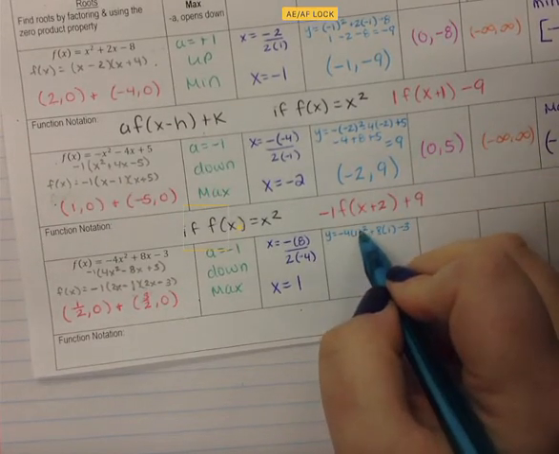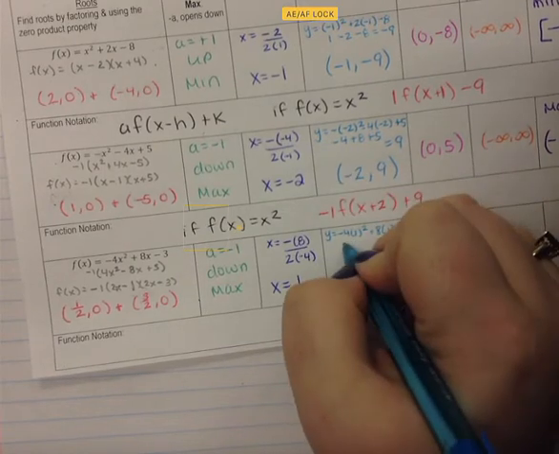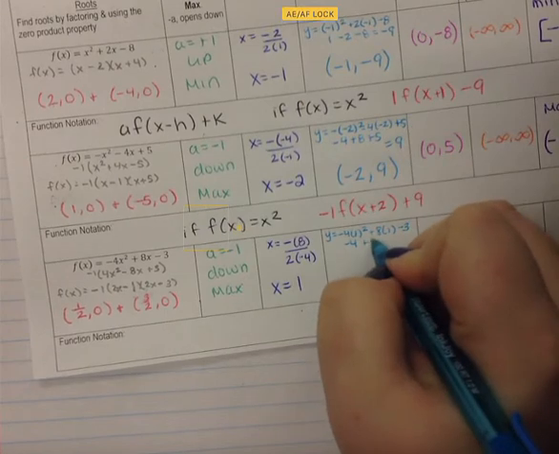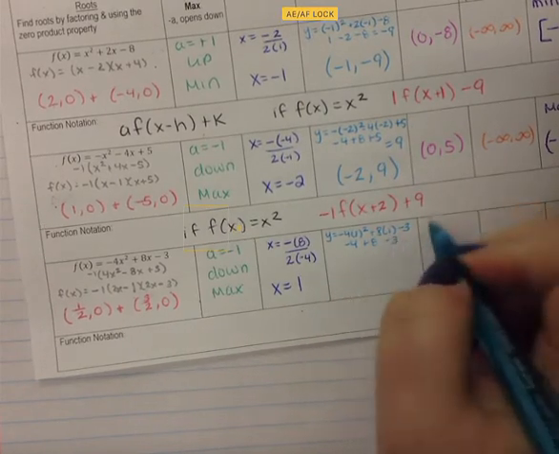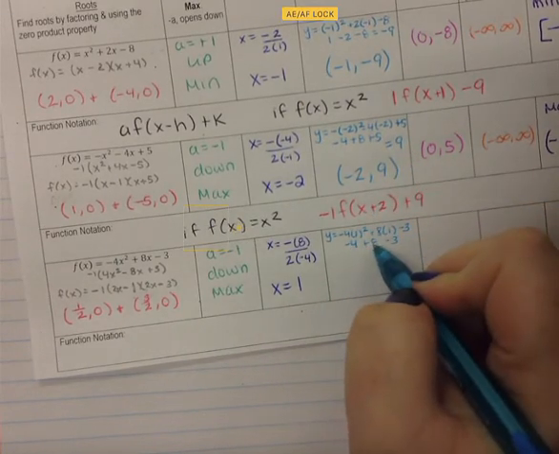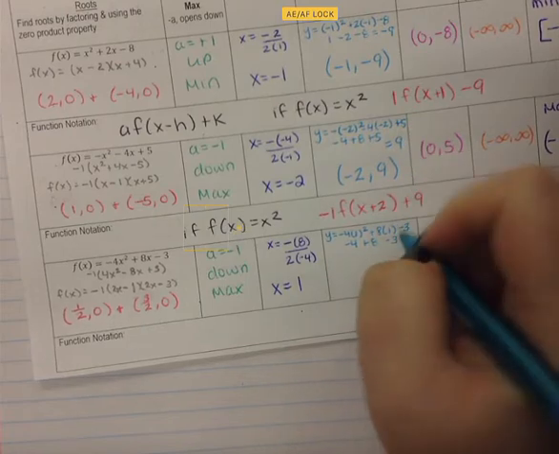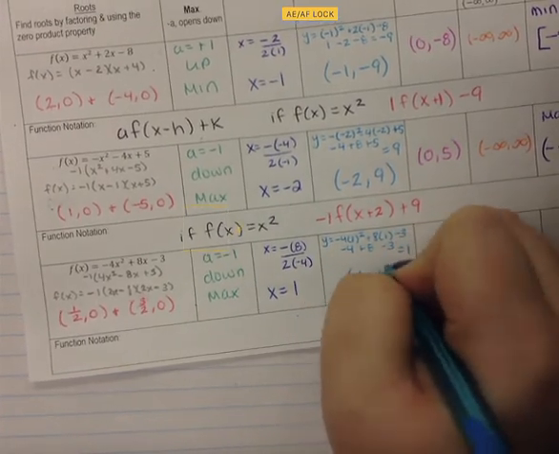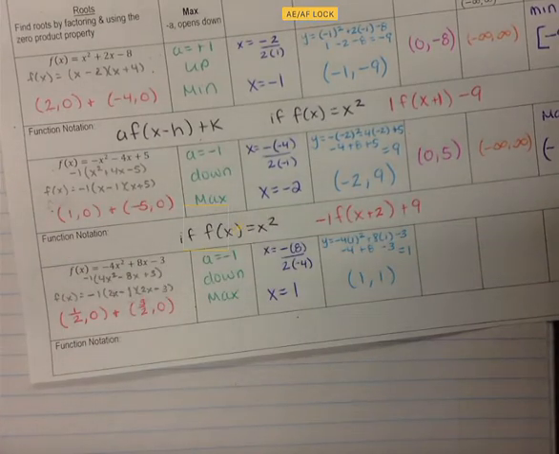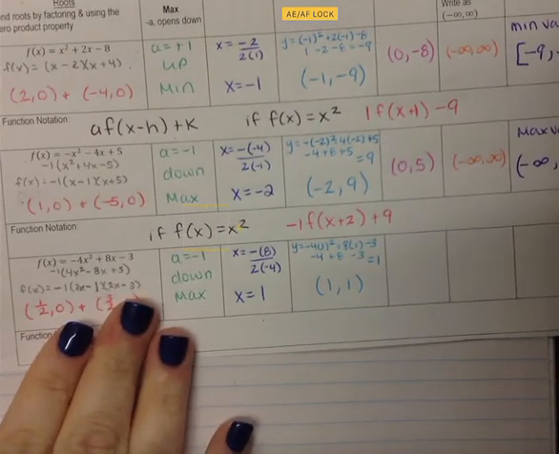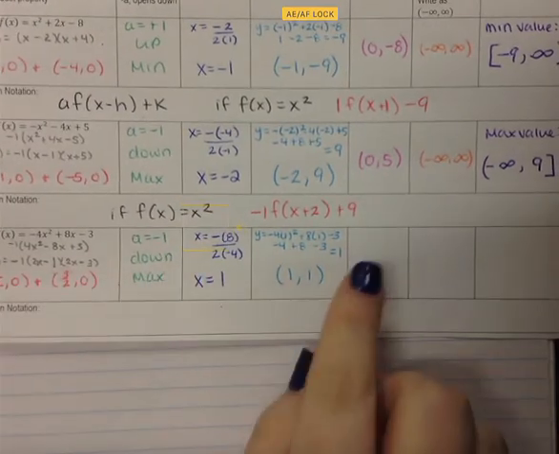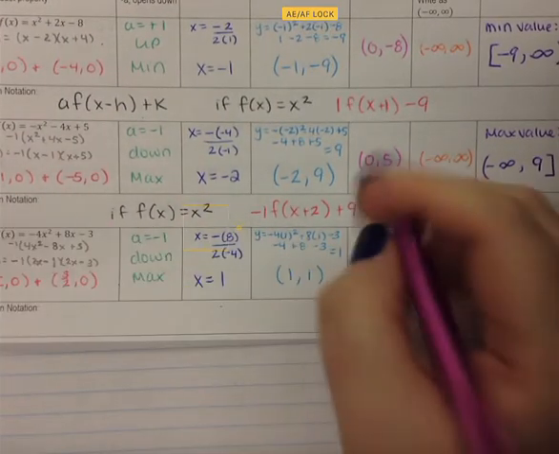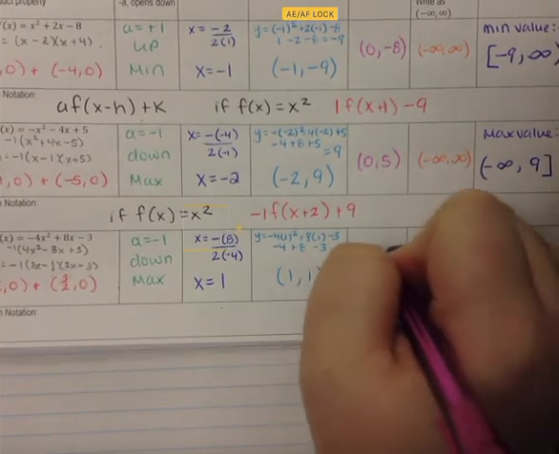So 1 squared is 1 times -4 is -4. 8 times 1 is 8, so we have +8, and then we have -3. -4 plus 8 is 4, minus 3 is 1. So our vertex is, the x is 1, the y is 1. The y-intercept, again, comes from the original c value. So our y-intercept is 0, -3.